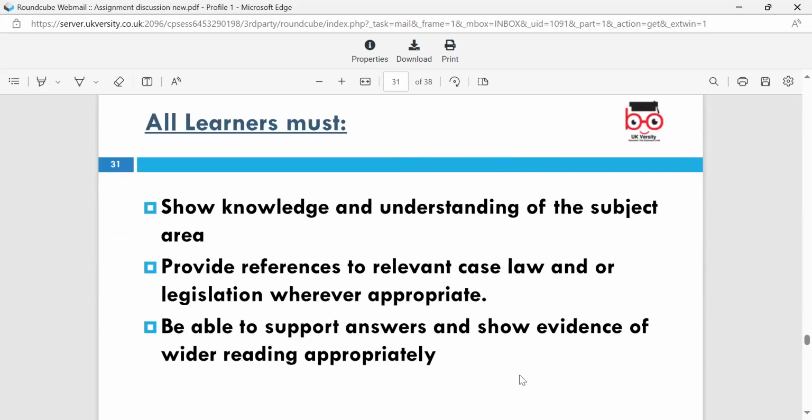All learners must show a knowledge and understanding of the subject area, provide references to the relevant case law or legislation wherever appropriate, and be able to support your answer with wider reading, with examples and case laws that you need to refer to.